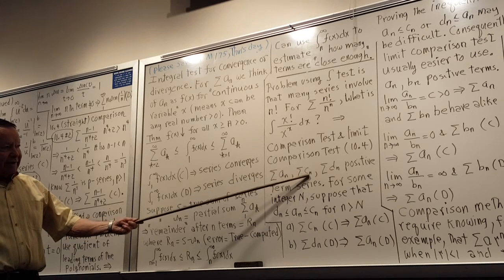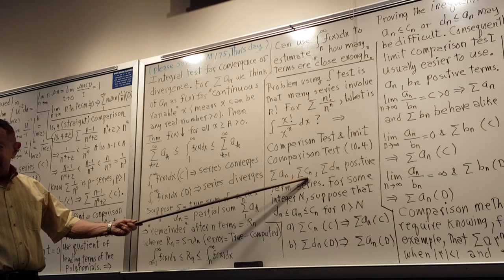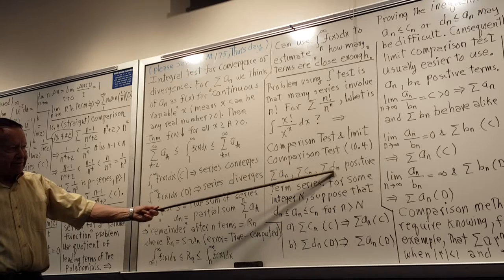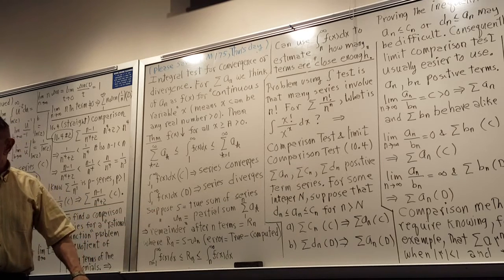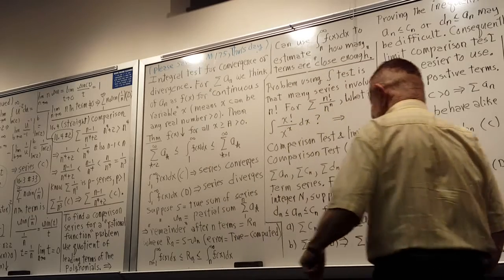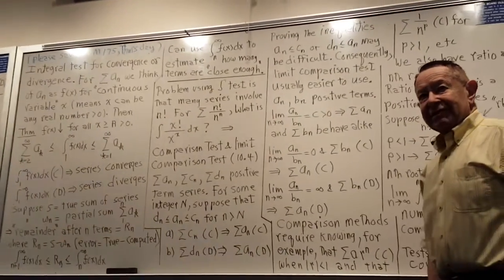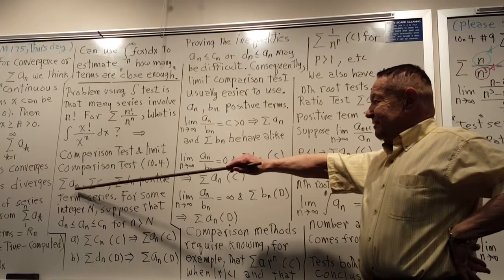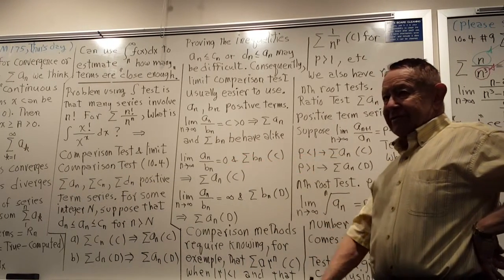You're either going to compare it with a series where you know it converges, or with a series where you know it diverges. It takes a certain amount of experience and intuition to get going in the right direction.